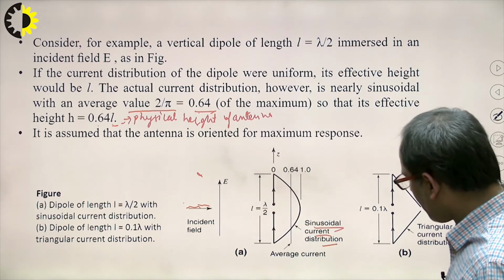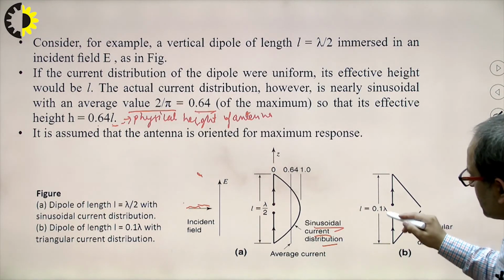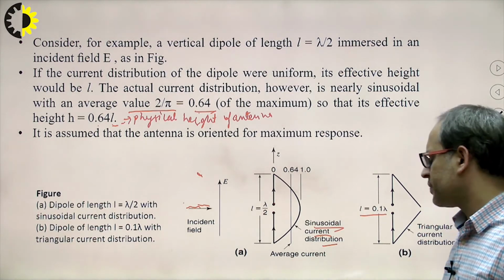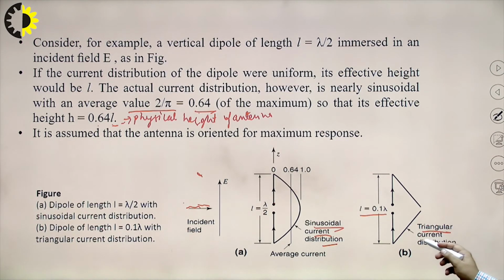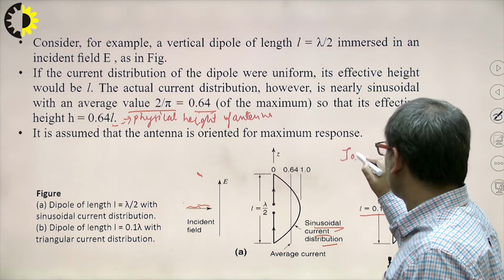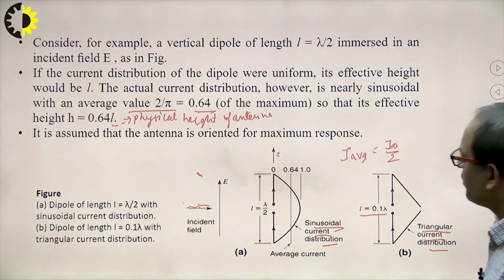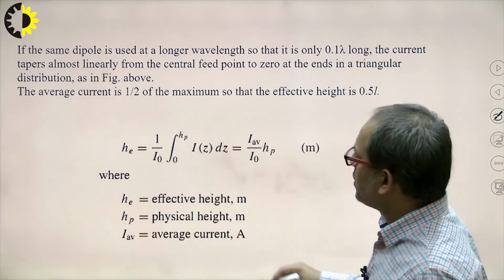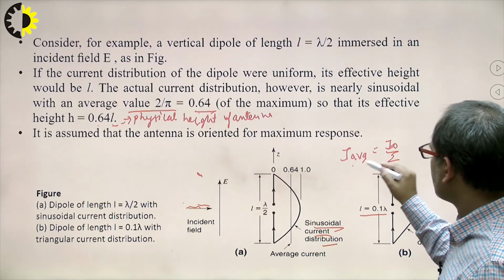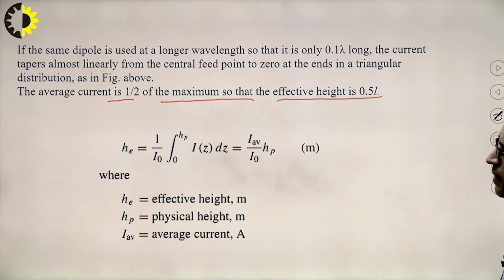Clear? Now if the length of this dipole is L equal to 0.1 lambda, then there will be a triangular current distribution. For this triangular current distribution, I average will be I naught upon 2. Clear? So at this point, the average current is 1/2 of the maximum, that is I average equals I naught upon 2. The effective height will be 0.5 into L. Clear?